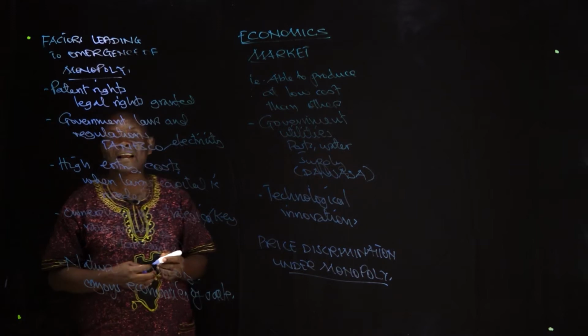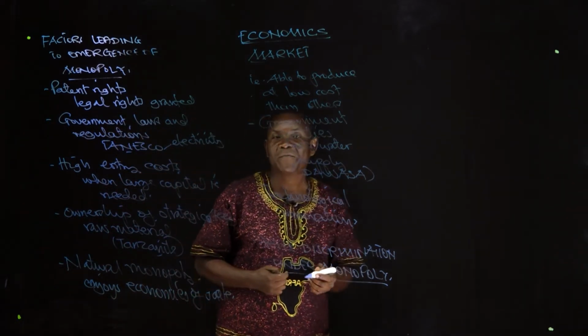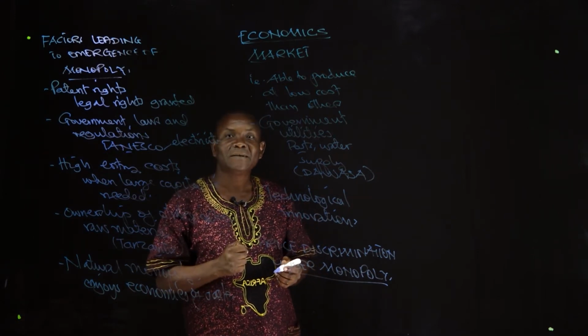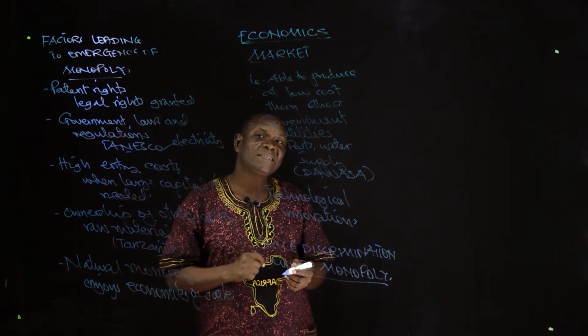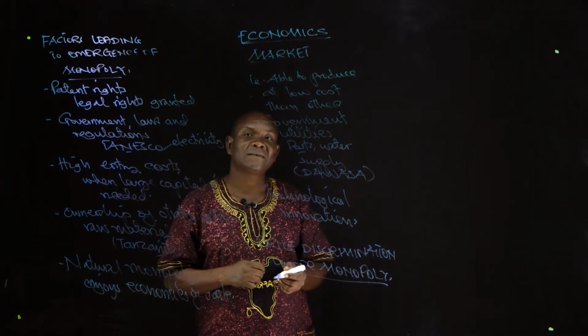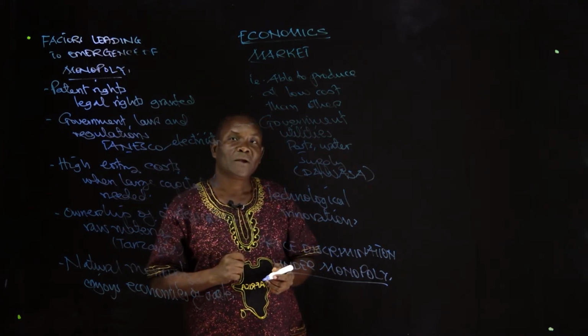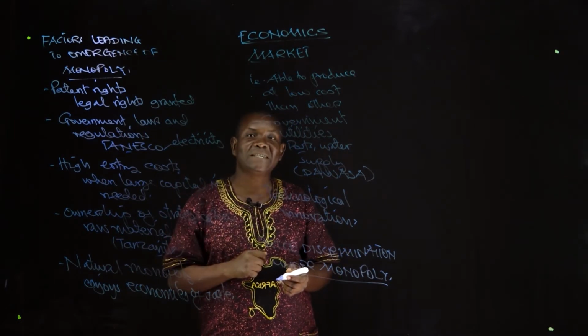Price discrimination under monopoly. By price discrimination, we refer to the process of selling the same commodity to different buyers at different prices. You sell the same commodity to different buyers at different prices.